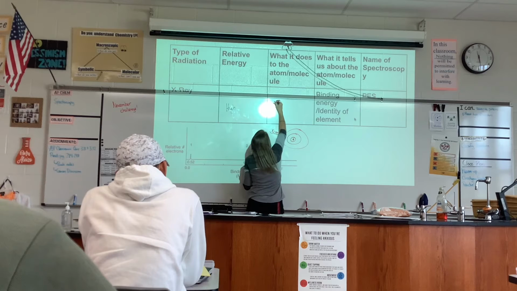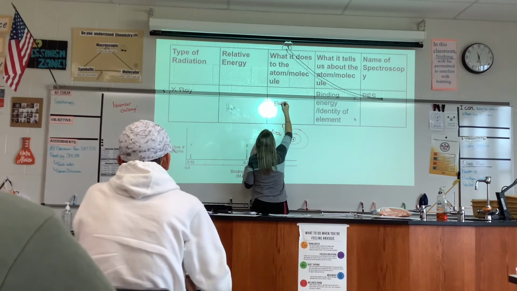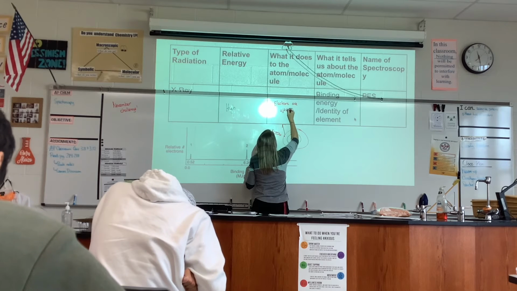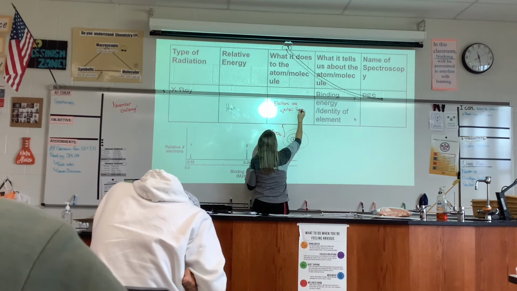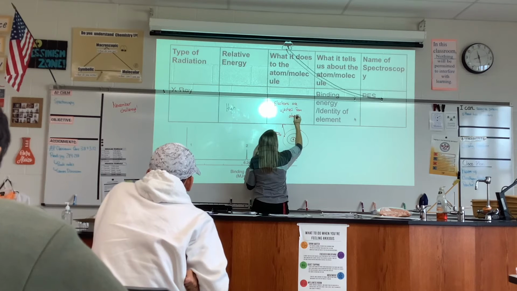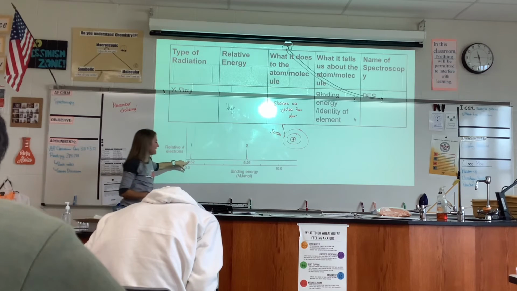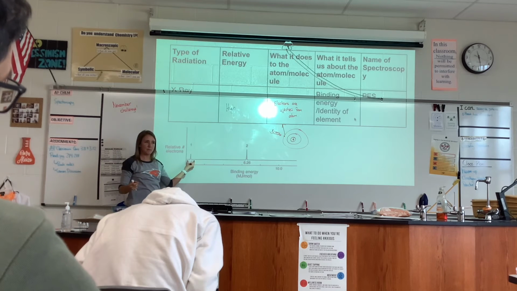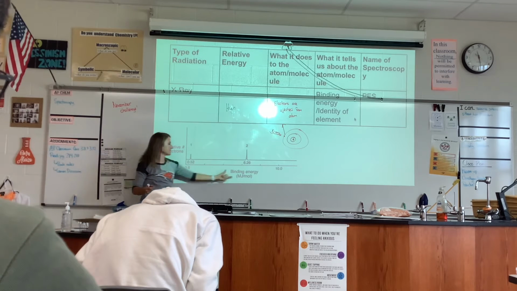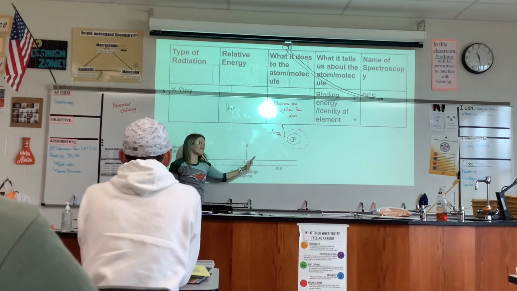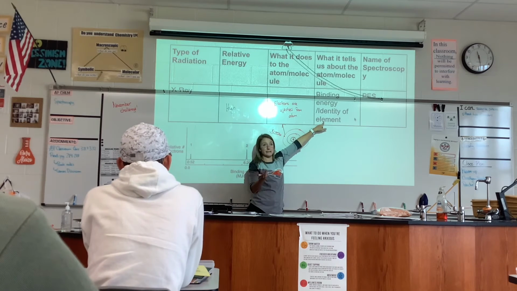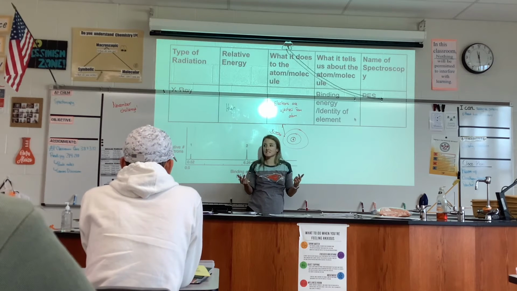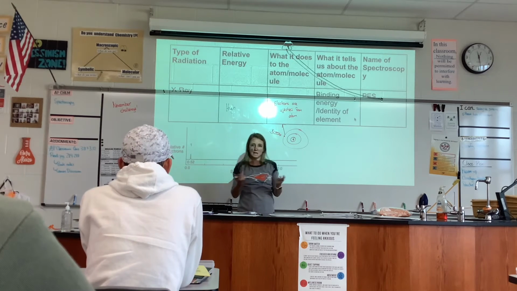So the electrons get ejected from the atom, which is then how we get these graphs. As they get ejected, it detects how many electrons were ejected at that particular energy, and that's how we can identify an unknown element. So this is a great tool to use if you have a sample of an element and you have no idea what it is. A PES spectrum can help you determine that.